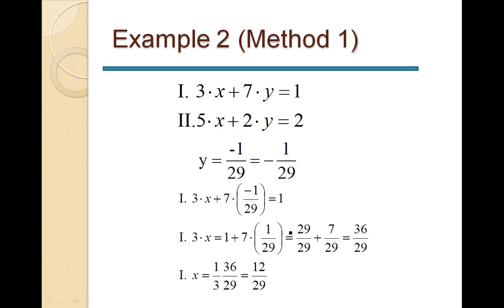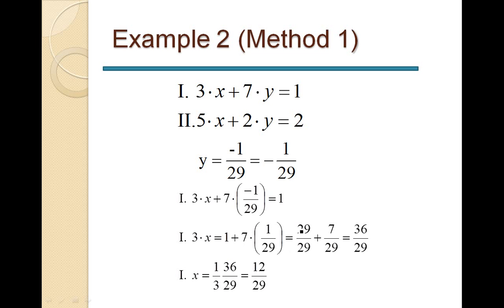What we do next is we have here a sum of fractions, so we have to find the same denominator. We have 1, which you can always rewrite as a over a, and this is 29 over 29, because this is the easiest way to do it. 29 over 29 plus 7 over 29, because it is 7 multiplied with 1 over 29.